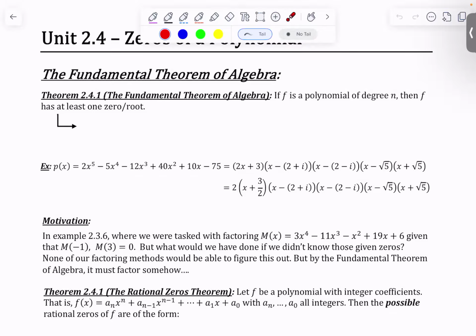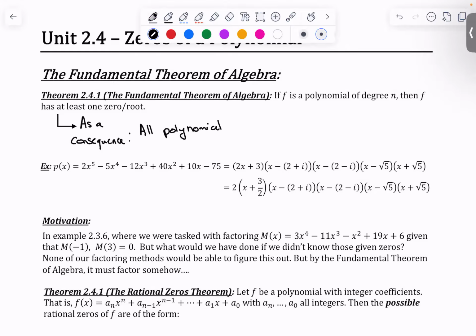And it says, as a consequence, all polynomials can be factored into linear terms.